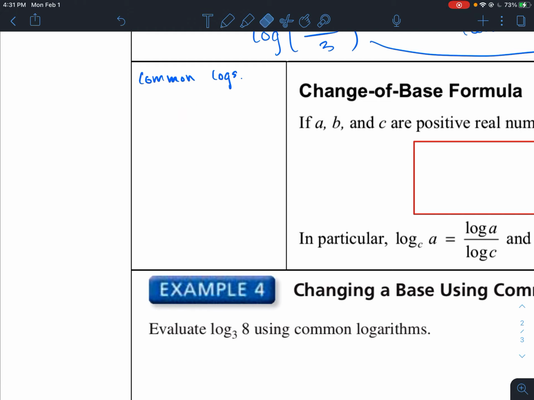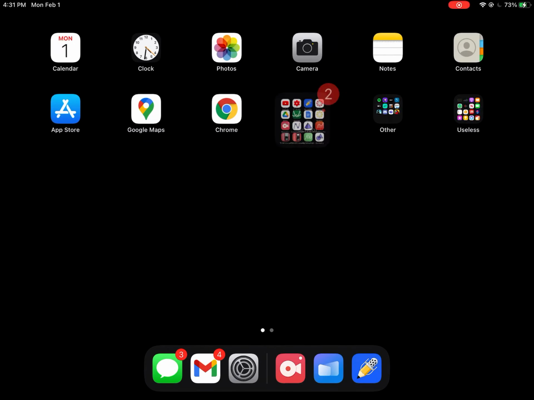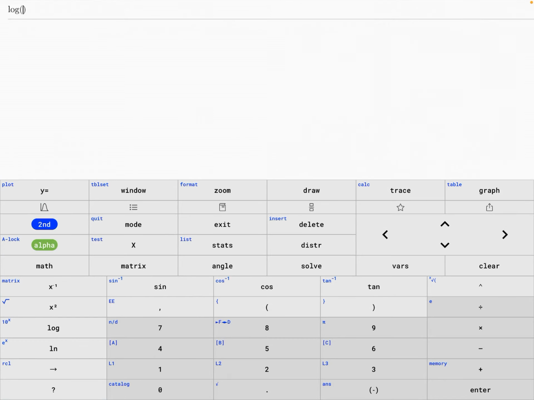And I told you that using the log function in your calculator meant that you were using a log base 10. The logs in your calculator default to base 10.